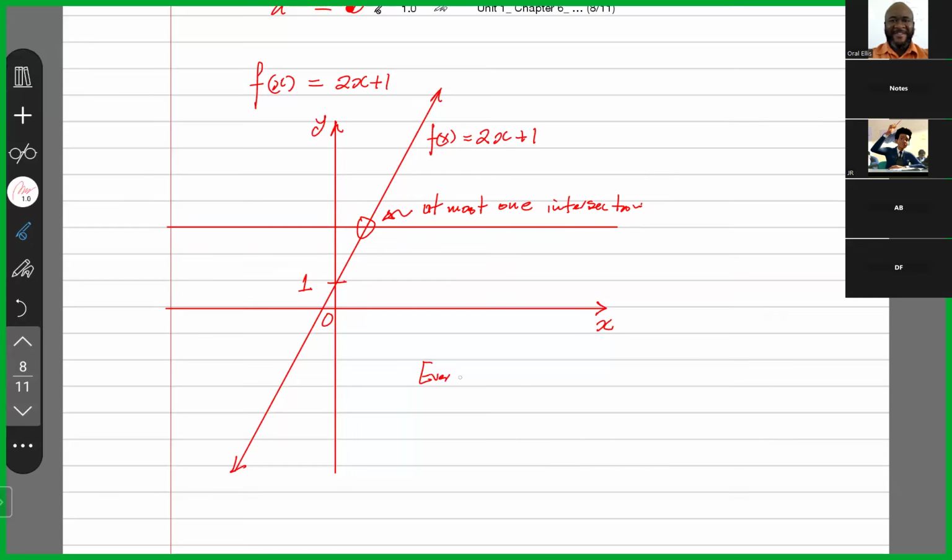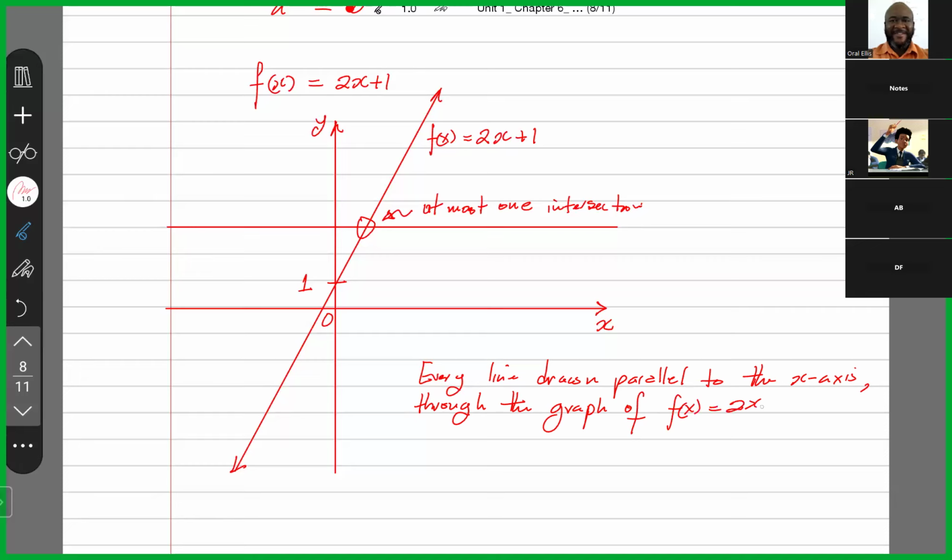Every horizontal line, every line drawn parallel to the x-axis through the graph of f of x is equal to 2x plus 1 will cut the graph at most once.